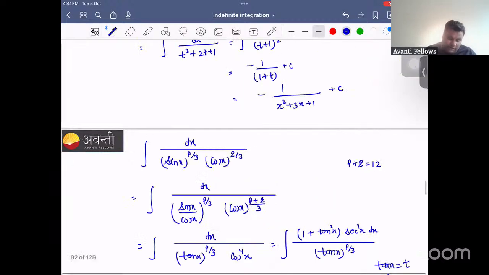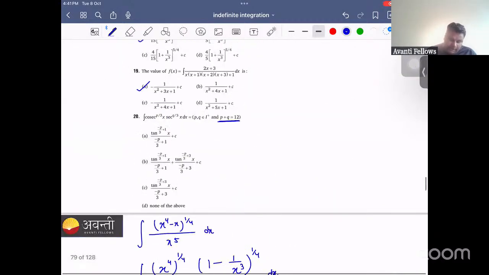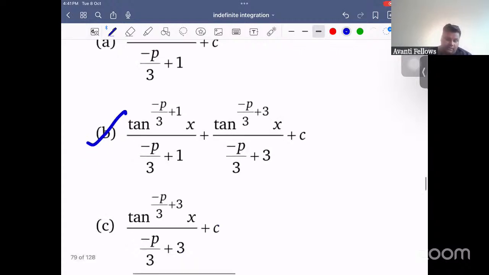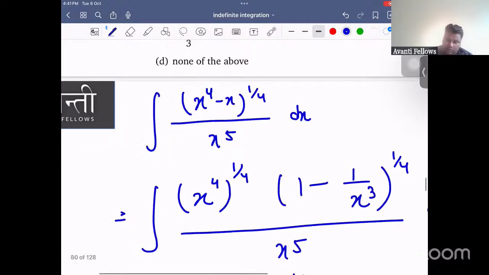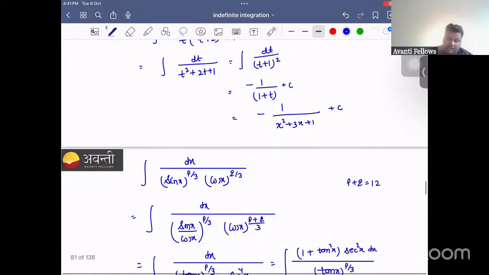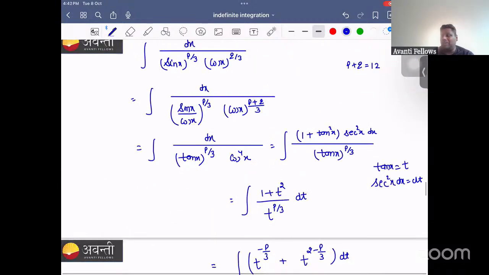So the answer will be tan x raised to the power 1 minus p by 3 upon 1 minus p by 3 plus tan x raised to the power 3 minus p by 3 upon 3 minus p by 3. Very good to him who has answered this as the correct answer. Even I appreciate the efforts of those students who have given their full-fledged effort to the question.